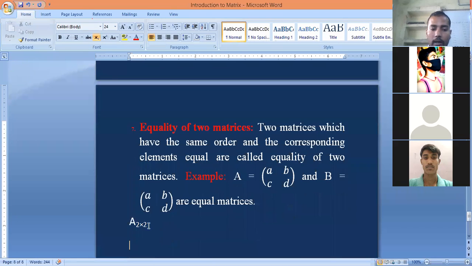In the same way, the order of B is also 2 into 2.